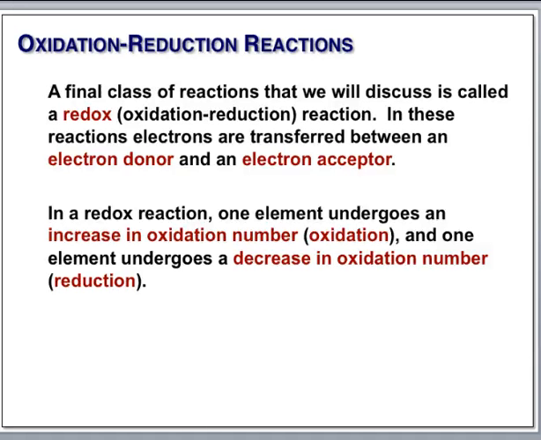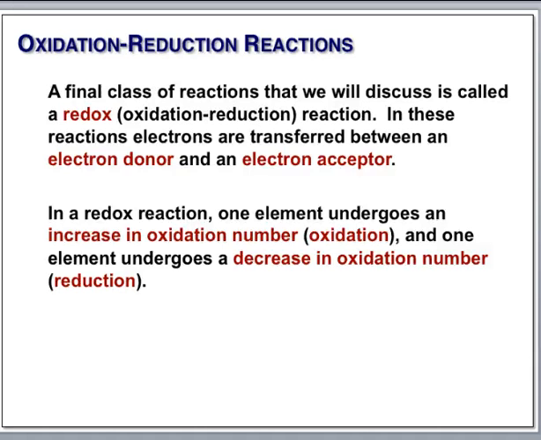Now there's a simpler way that I remember, as I always get confused too, and that is just to remember the phrase, oxidation is loss of electrons. Worth writing down somewhere. Oxidation is the loss of electrons.